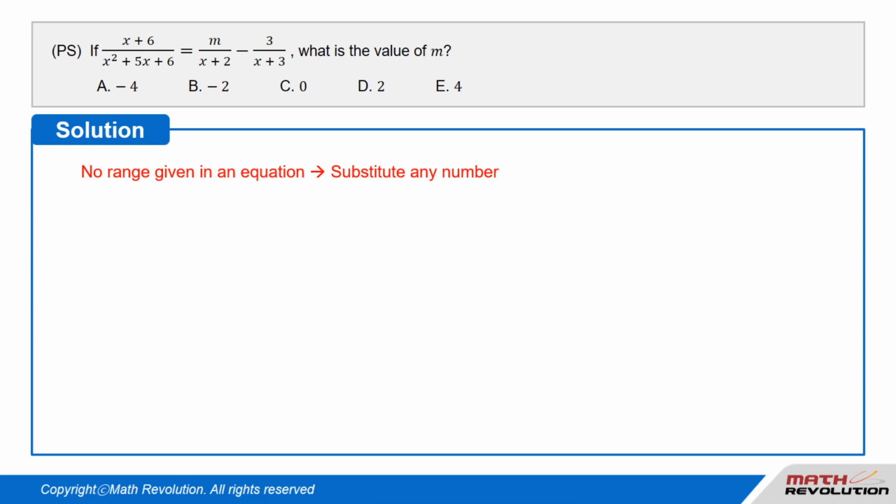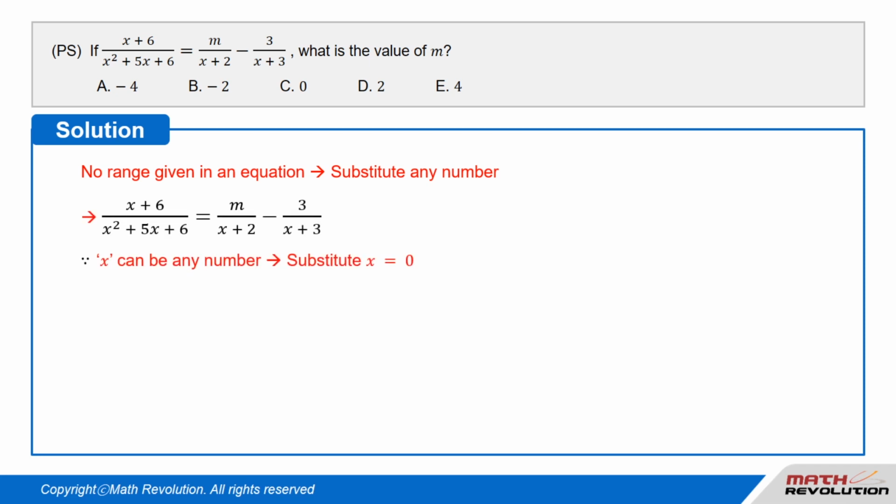Solution. In this case, there is no range given in an equation, so we substitute any number. For (x plus 6) over (x squared plus 5x plus 6) equals m over (x plus 2) minus 3 over (x plus 3), since x can be any number, we substitute x equals 0, which is an easy number to calculate.